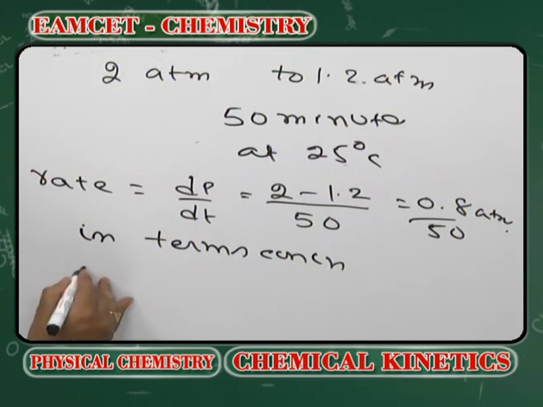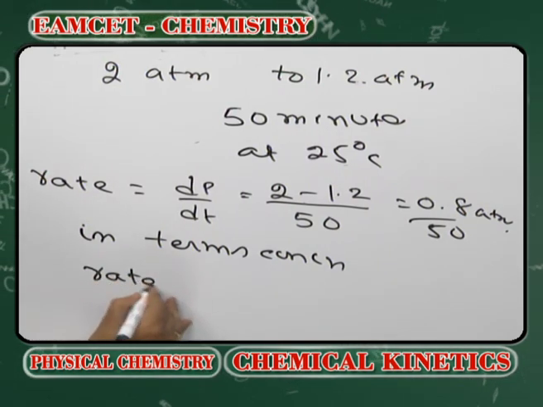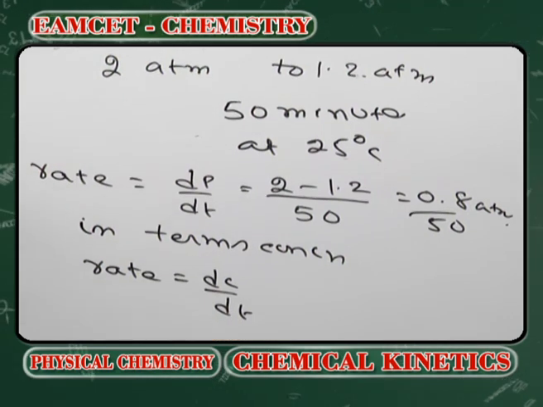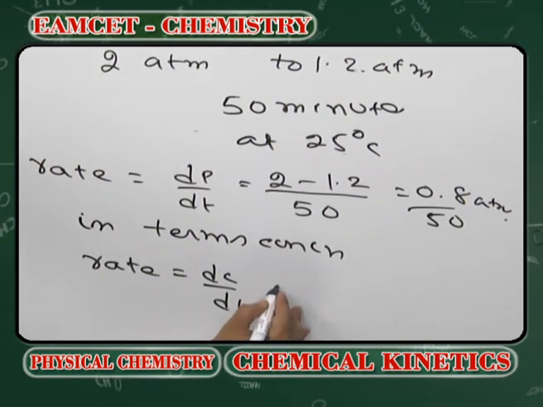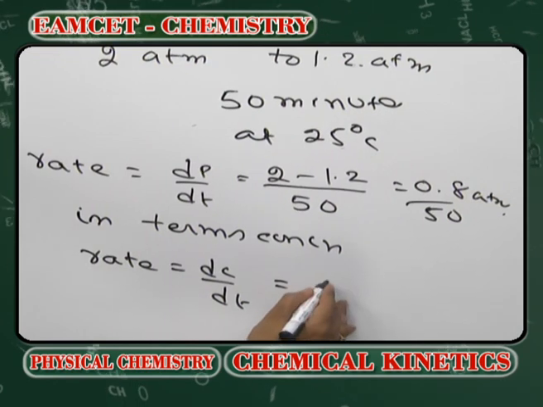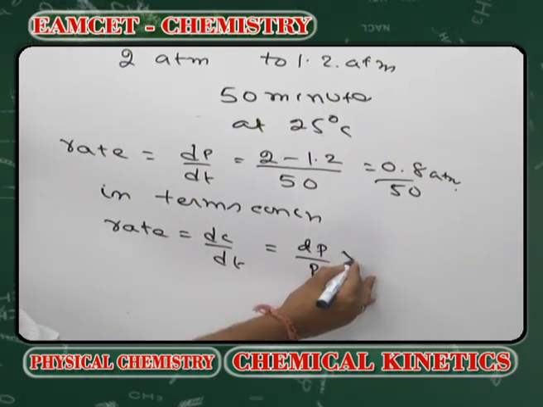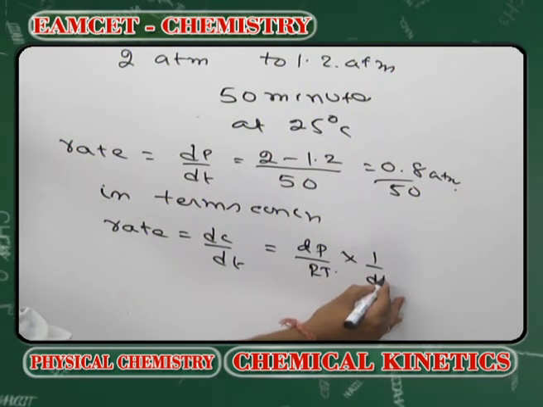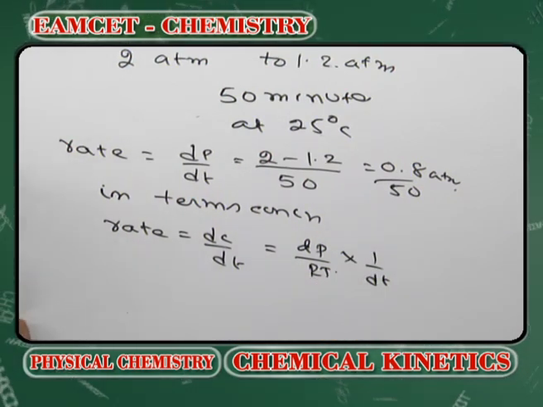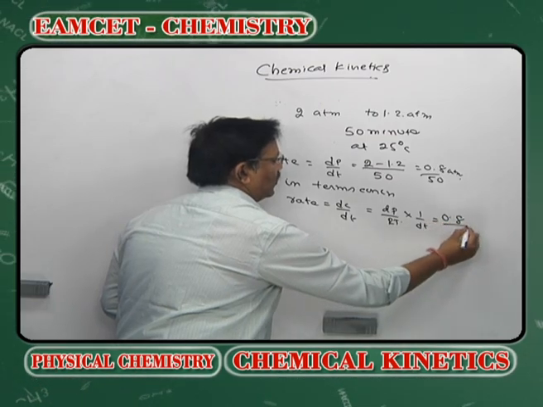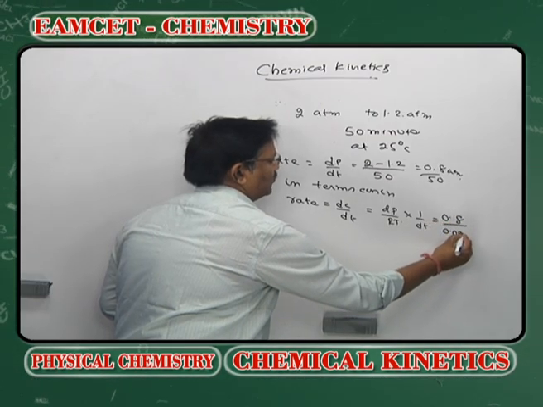In terms of concentration, what is rate? Rate is equal to dC by dt. Now, what is the value of dC? dP by RT. So dC is dP by RT into 1 by dt. What is the dP value? 0.8 atmospheres. What is R? 0.0821.